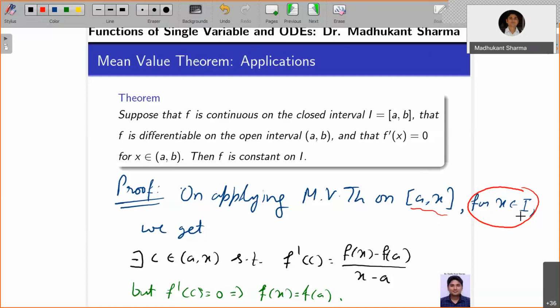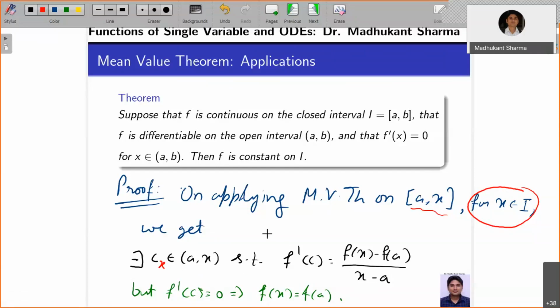So these satisfy both conditions of the fundamental mean value theorem. So it guarantees that there must exist a point C, depending on x, so we denote it by C suffix x, inside this interval (a, x), such that f dash of C is equal to f of x minus f of a divided by x minus a.